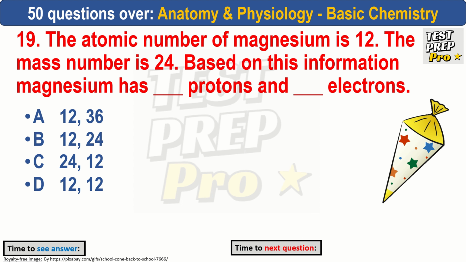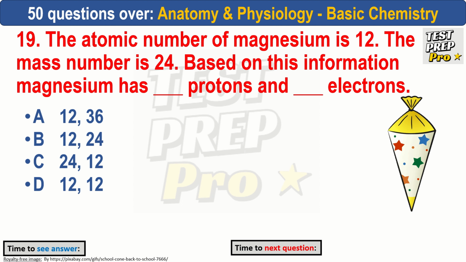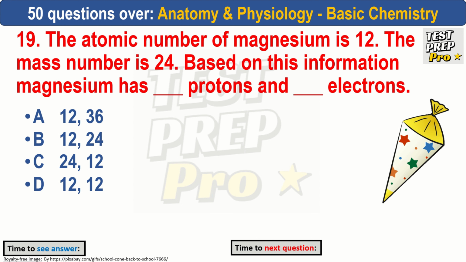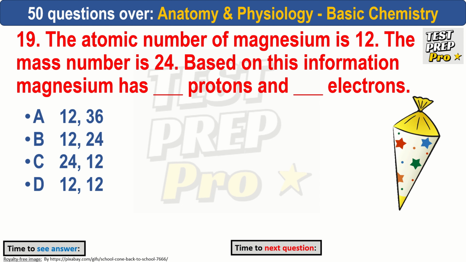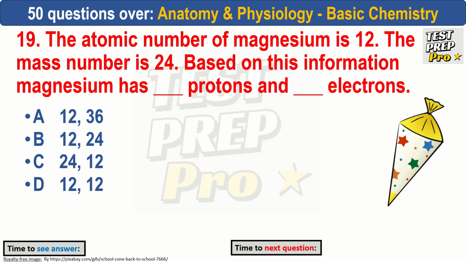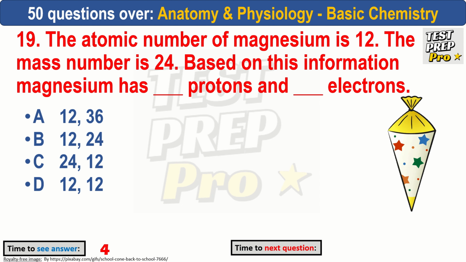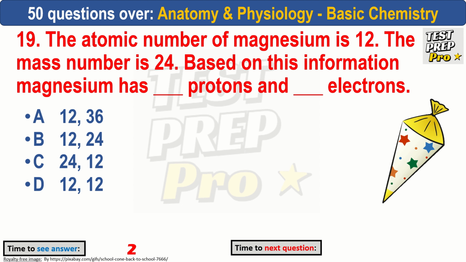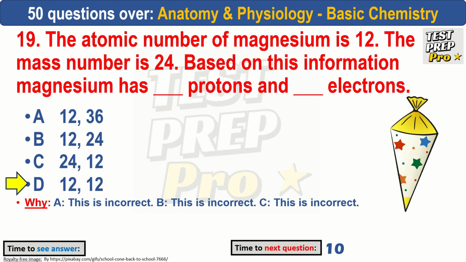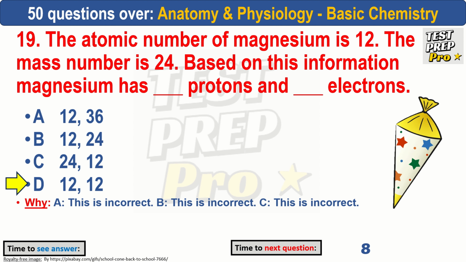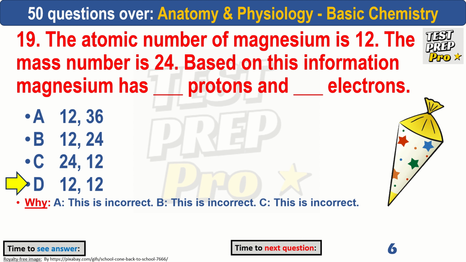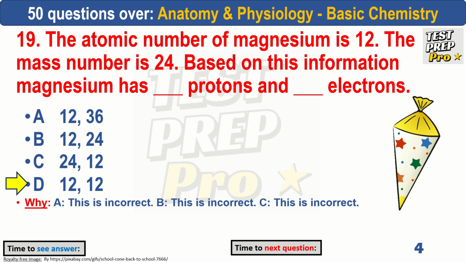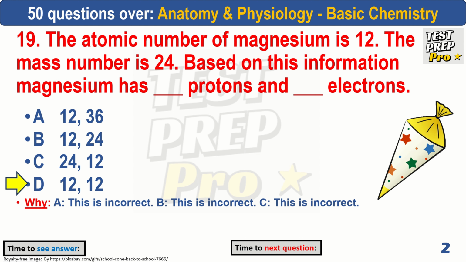Does it have 24 protons and 12 electrons? Or does it have 12 protons and 12 electrons? It has 12 protons and 12 electrons, which you can get just from knowing the atomic number of magnesium. You can get the answer just off of that alone.